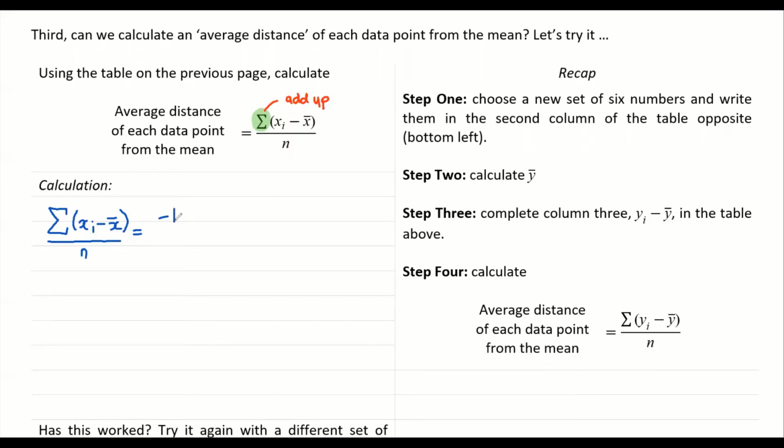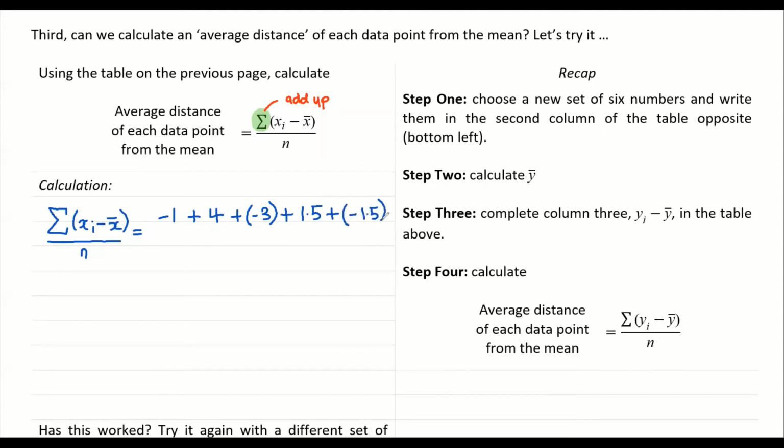The second difference was x2 subtract x bar, which was 8 subtract 4, which is of course 4. And then we had a difference of -3. This is all from the table on the previous page. Then we had a difference of 1.5, and then a difference of -1.5.